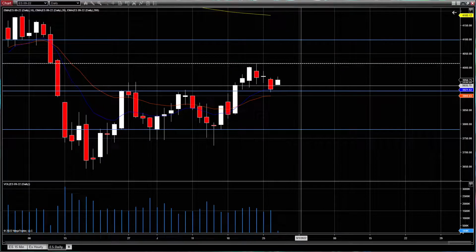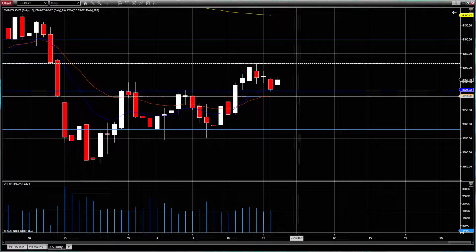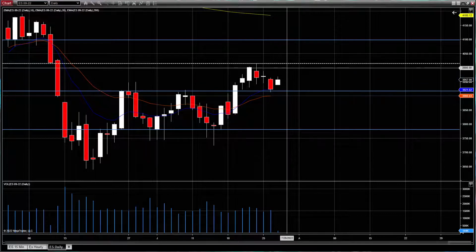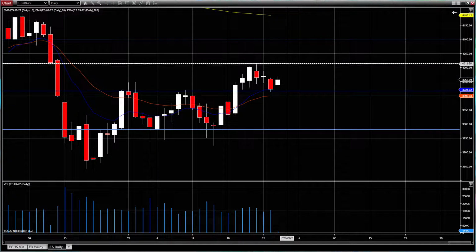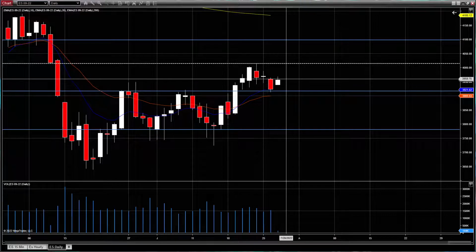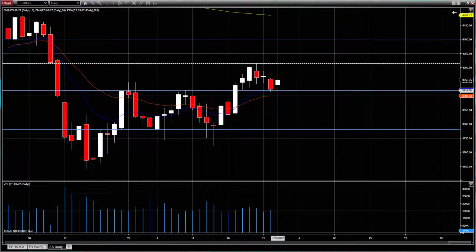Today is FOMC, so I'm kind of expecting a big move. So that move is either gonna break below this level and push down and get us somewhere in here, or it's gonna push us back up and probably into these levels up here, the 40-15s. I'm not sure if it's gonna have enough push to get us up and over that, but I was definitely watching this level down here, just because overall, right, we know that the numbers that have been coming out on the previous FOMC and stuff like that, just all those news numbers that come out, have not been good, right?